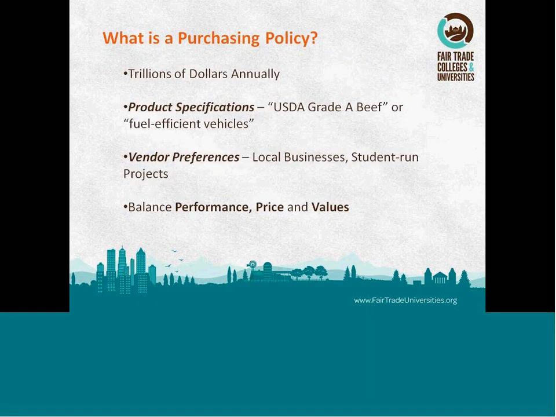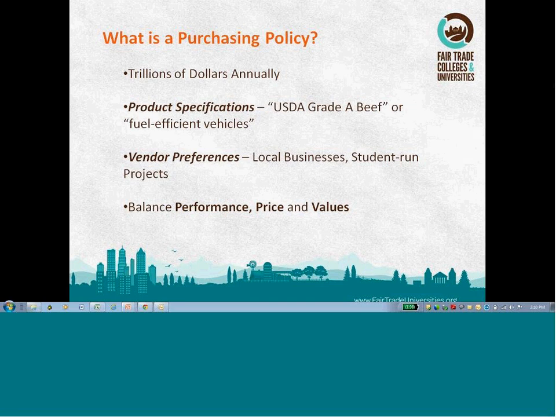So what's a purchasing policy? Well, a policy helps to direct the trillions of dollars spent annually by institutions towards the kind of purchasing that those institutions want to support. And sometimes the product specifications that come up have a variety of different goals behind them.